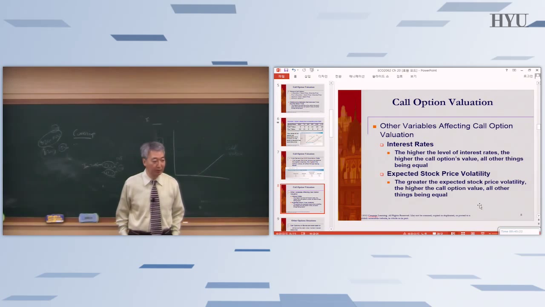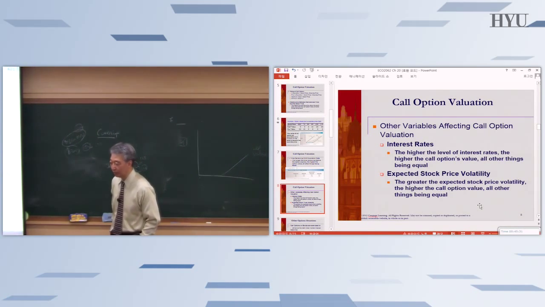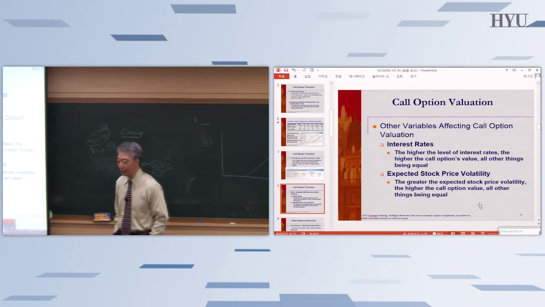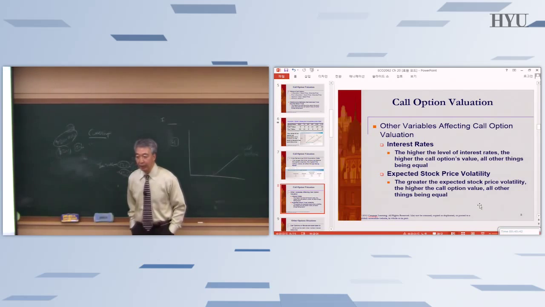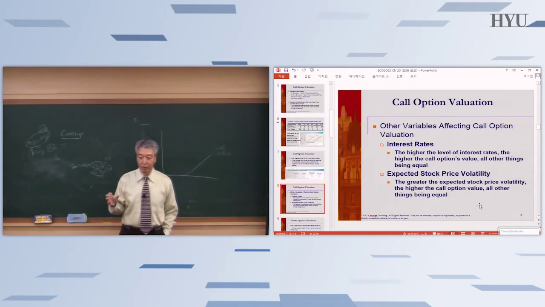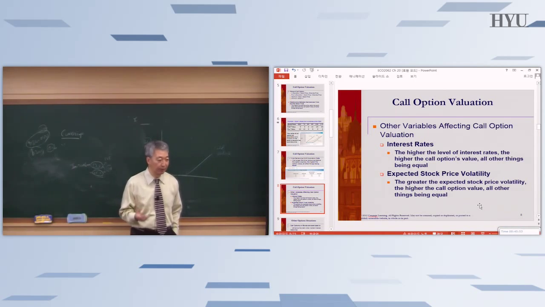Because you have to pay the premium, the saving from the interest cost by delaying the payment is not going to really outweigh the cost of the premium, right? But if you consider two different situations, a high interest situation and a low interest situation, if the interest rate is high, then that's going to increase the value of the option, right?